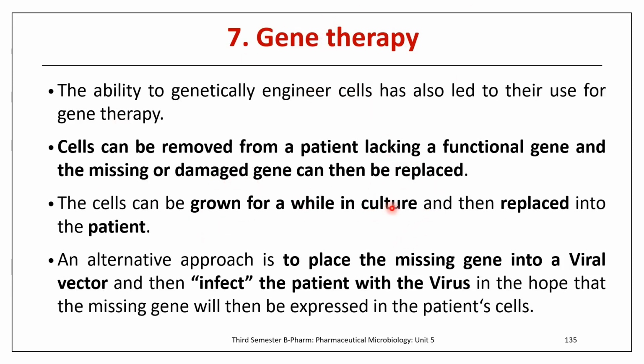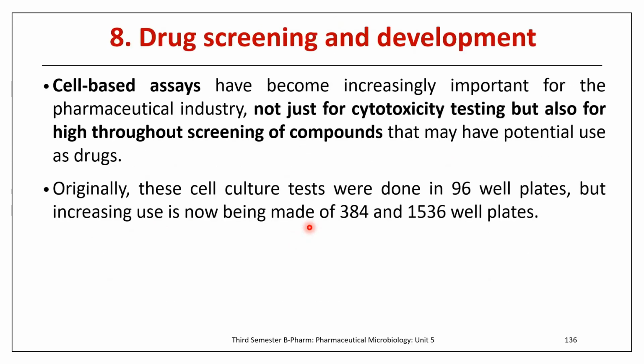We will isolate the lacking gene in the human, and we will culture that gene in an animal cell culture, and we will replace that lacking gene into the human, so that we can prevent different kinds of diseases which are caused by genes or genetic disorder.